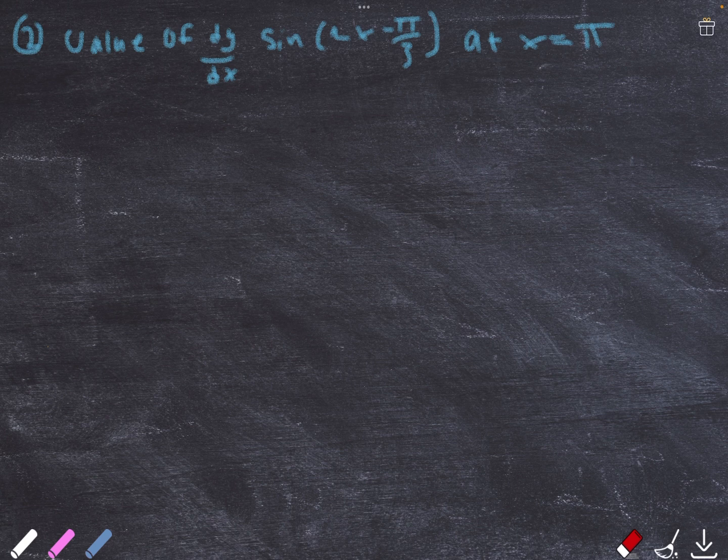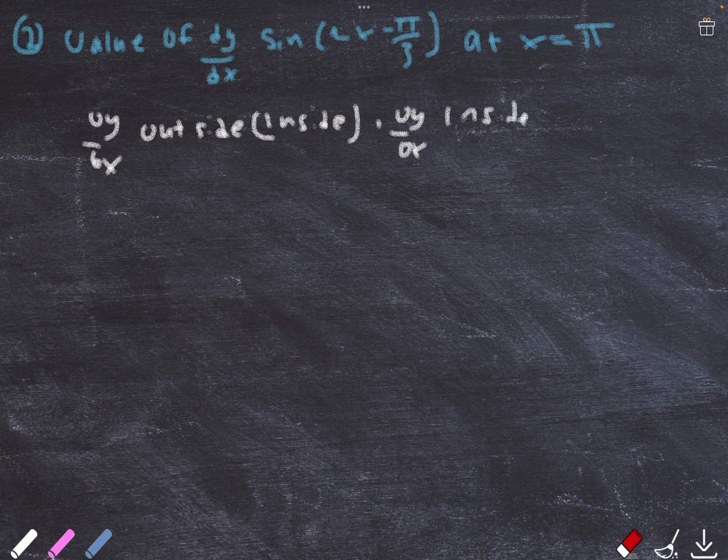We're going to find the derivative of the outside, times the derivative of the inside. So here, the derivative of sine is going to be cosine of 2x minus pi over 3, and now the derivative of the inside, which is just going to be 2, right?